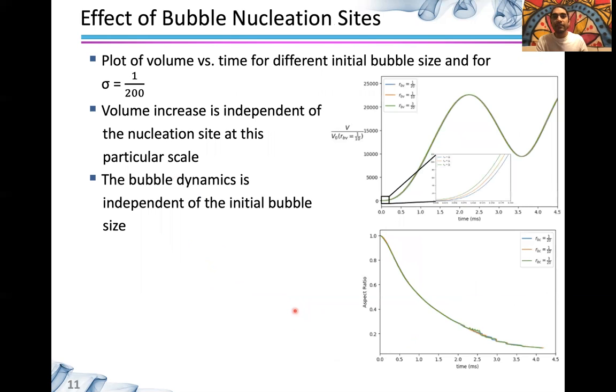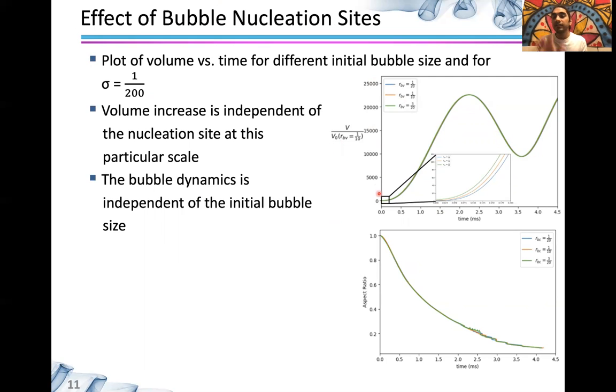We also look at the effects of the bubble nucleation sites. So here we have bubbles of different sizes in the same computational domain at this particular cavitation number. And we observe that even though the bubble actually starts at different initial conditions, they all lead to the same result in terms of the volume.